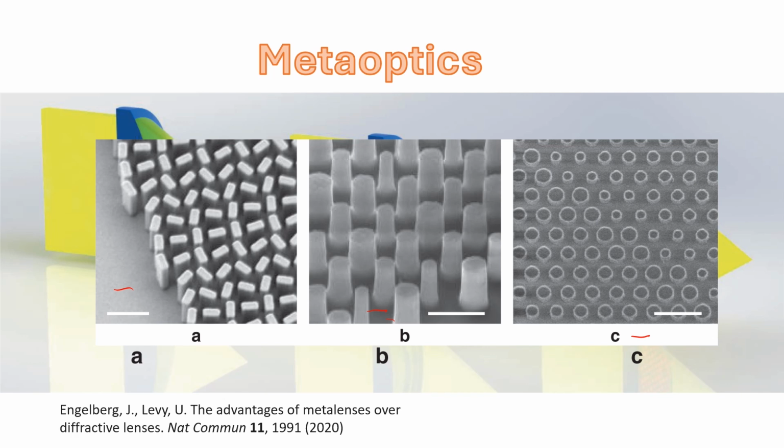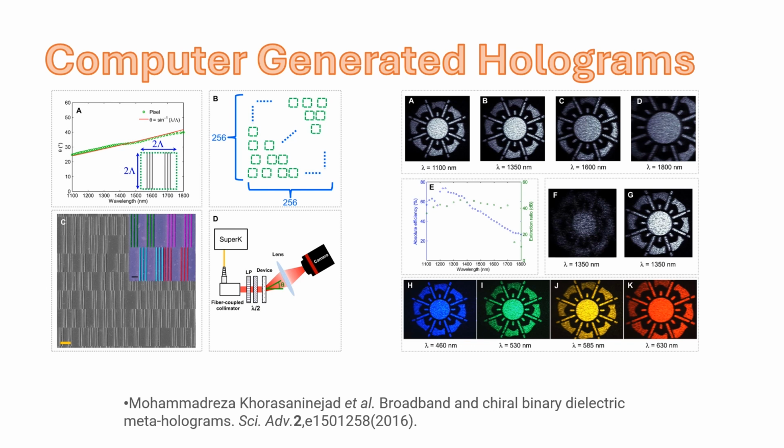But you can also use these metasurfaces to create arbitrary field surfaces. So if we illuminate with a plane wave, in principle, we could create an arbitrary field distribution on the surface of the optic, and then have it diffract into whatever kind of pattern we like. This is called computer-generated holography. Here are examples of the use of metasurfaces to create computer-generated diffraction patterns.